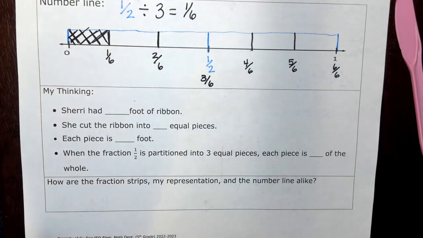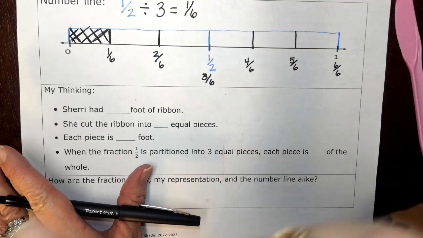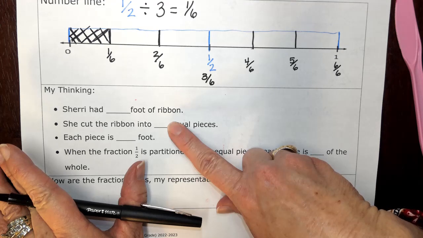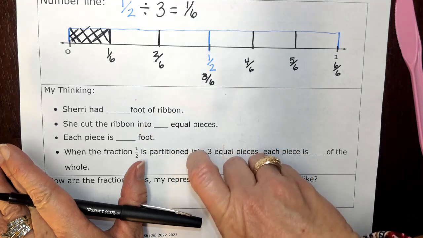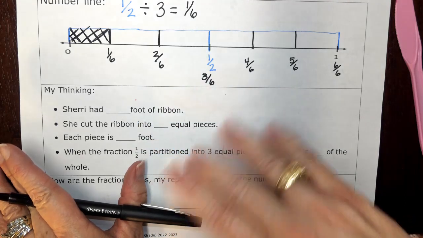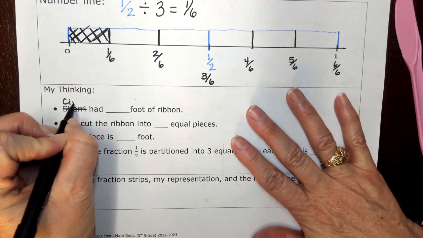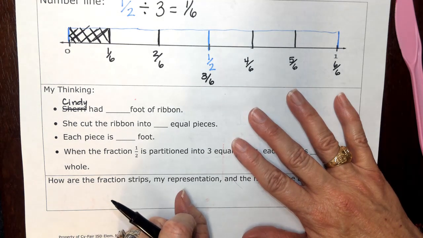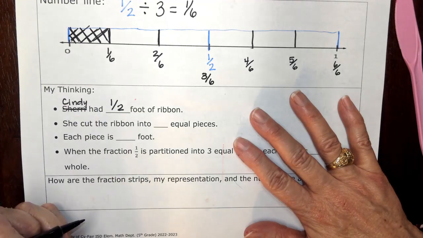So let's do some thinking together. Somebody tell me, what did she start with? Zachary, what did Cindy start with? I'm sorry, it's not Sherri, it's Cindy. I think because I changed the name. What did Cindy start with? She started with 1/2 foot of ribbon.